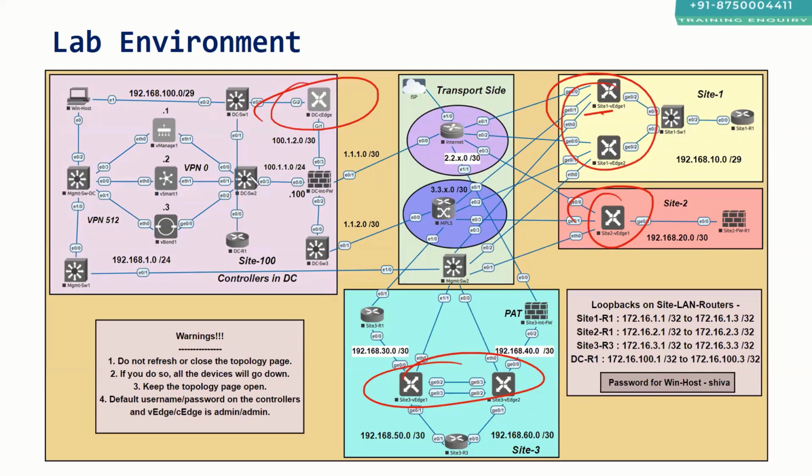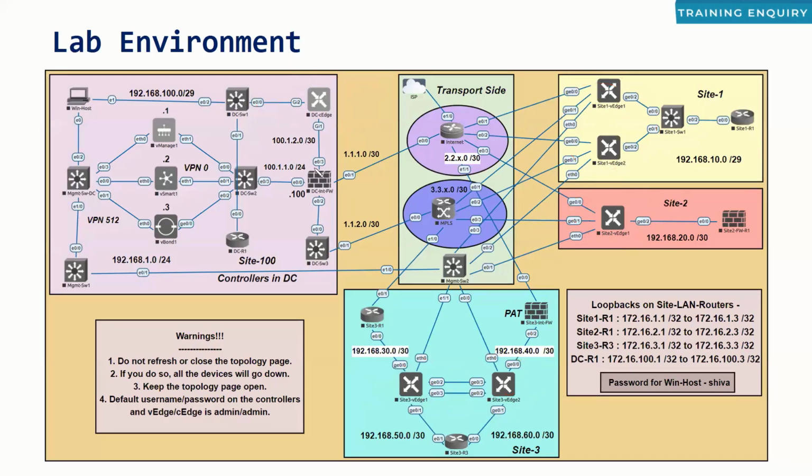But due to constrained resources, or limited resources, I would say, we had to use only one CE router in DC. But ideally, you would see that even in a data center, you would have dual CPE. Your data center will always be dual CPE, just to eliminate any kind of possibility of a single point of failure, right? So that's how this lab is constructed.